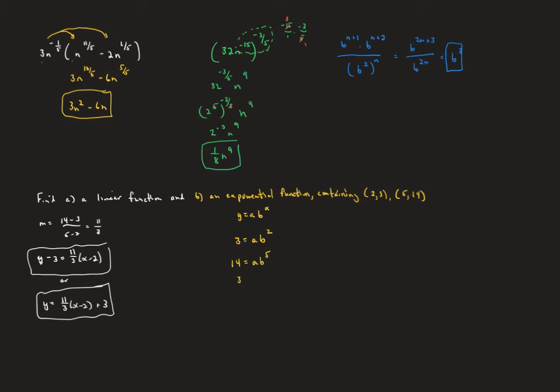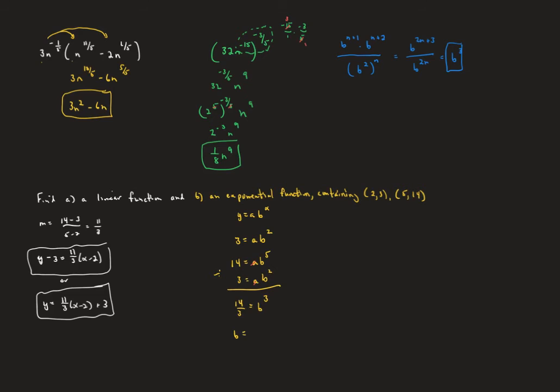I'm going to put the smaller one underneath, and then if we divide those, then we'll get 14/3. The a's will divide out. That's the nice thing about this. We'll use our properties of exponents. B to the fifth divided by b to the second is going to be b to the third.